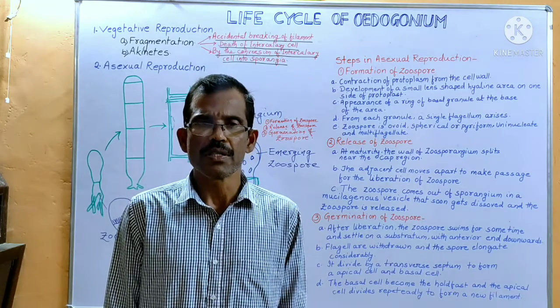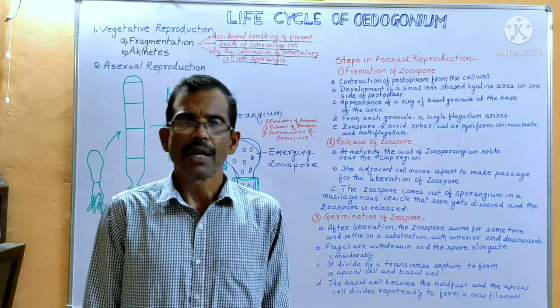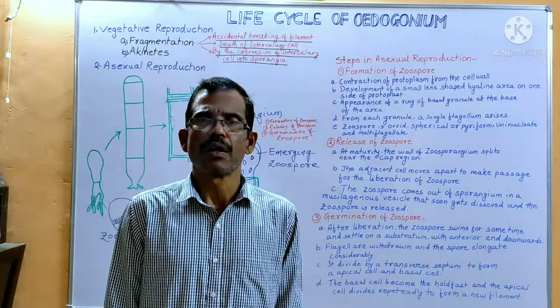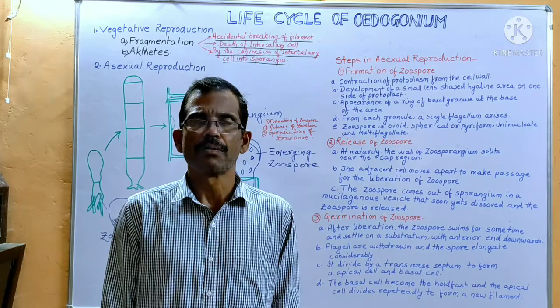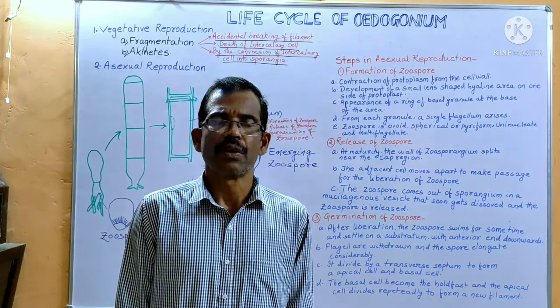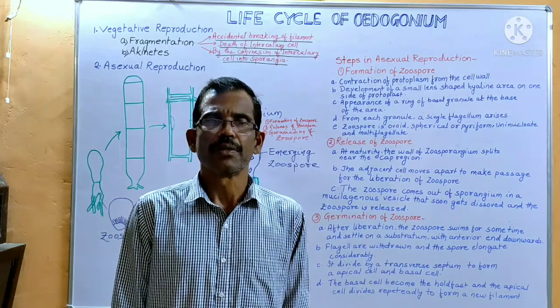First, we will know what is fragmentation. Fragmentation is a process by which the filament is broken down into several fragments, and each fragment can grow and divide and form a new filament.